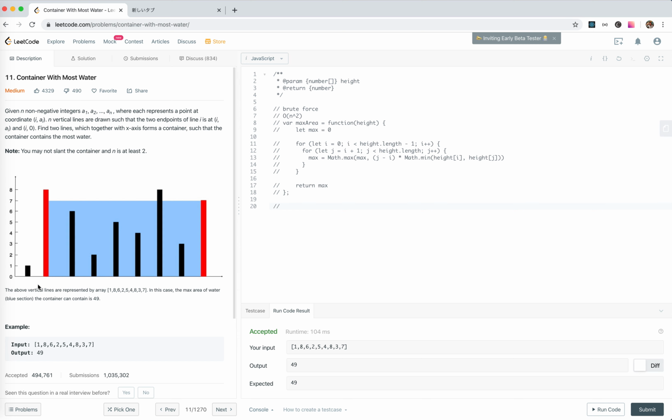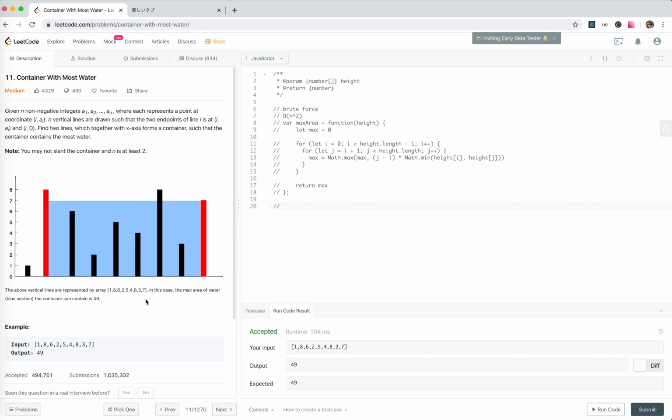If we insert a new border in the middle, it can only create a larger container with a taller one, not with the smallest one. Like if I insert this red one, this container may be bigger than the original, but the container here could not be bigger because this will be the smallest among these three borders.